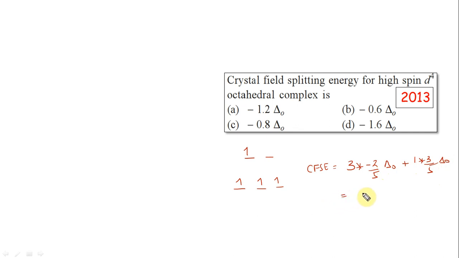Correct? So this is 3 times 2 is 6 by 5, minus 6 by 5 plus 3 by 5 delta naught. So this will be minus 3 by 5 delta naught.